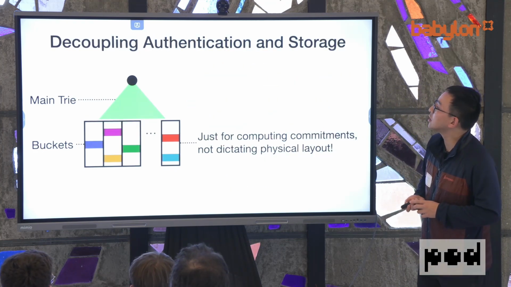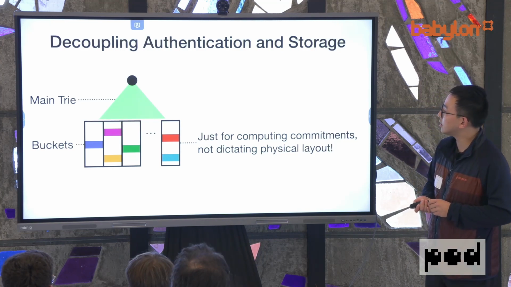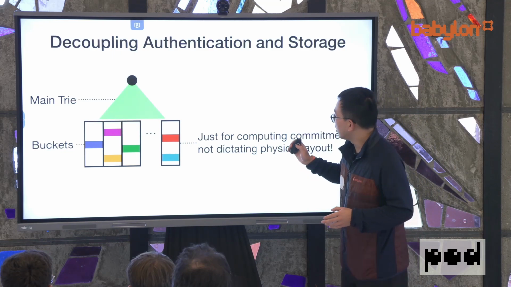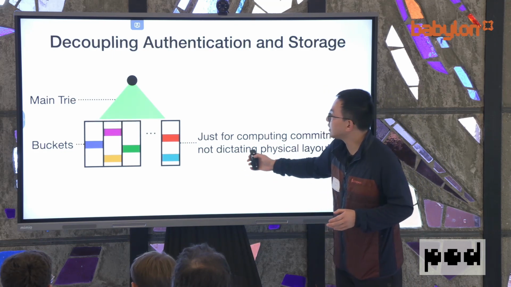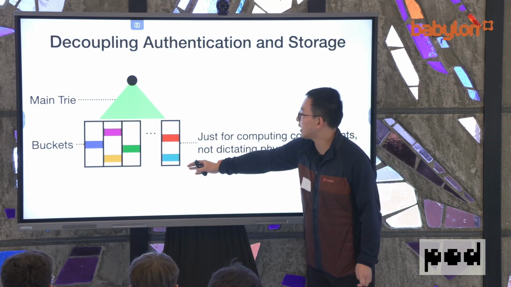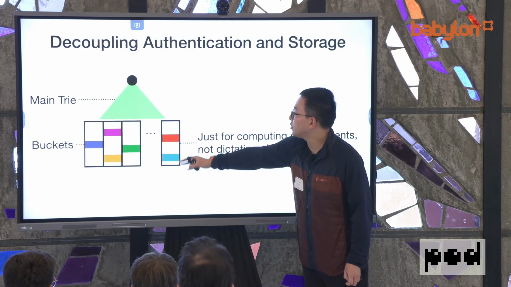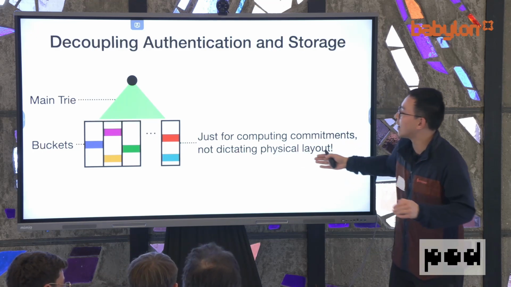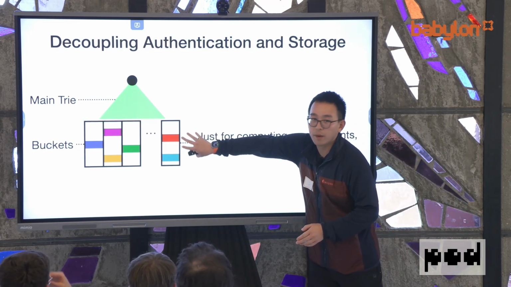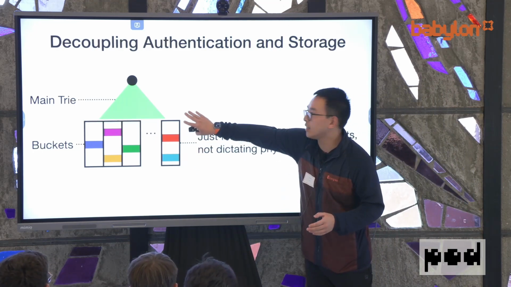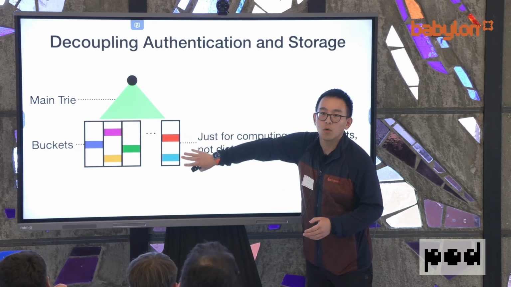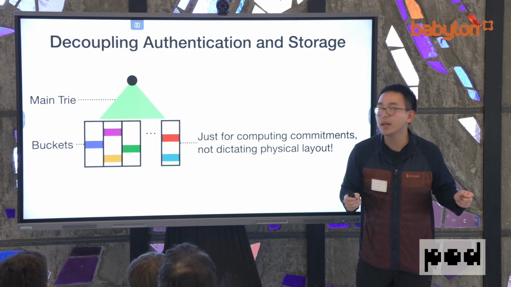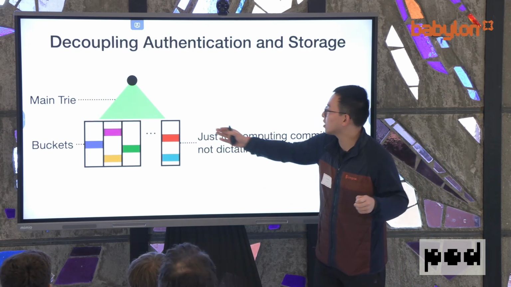OK, so there's actually something interesting that you also can do with this data structure, which is decouple authentication and storage. So the observation here is that we've mentioned that we want to use SHI tables to manage those buckets, but actually they only need to exist in your imagination, right? It just defines, given a bunch of key value pairs that you have inserted, what's the arrangement of those key value pairs when you want to compute the vector commitment?